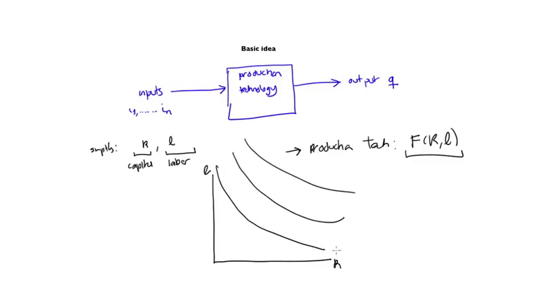Each level set is the set of combinations of capital and labor that produces the same amount. So all of this, for example, is the set of combinations of capital and labor that produce an amount Q1, all of the ones that produce an amount Q2, all of the ones that produce an amount Q3, and typically it will increase the more capital and labor you have. By the way, each one of these lines with equal production is called an isoquant.